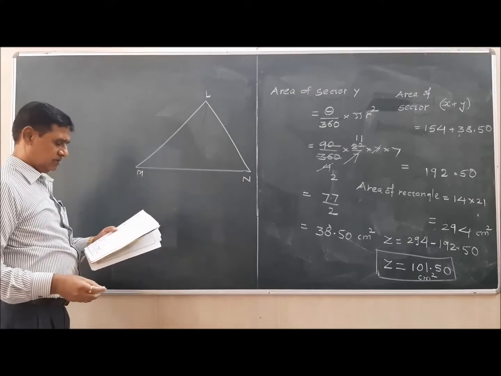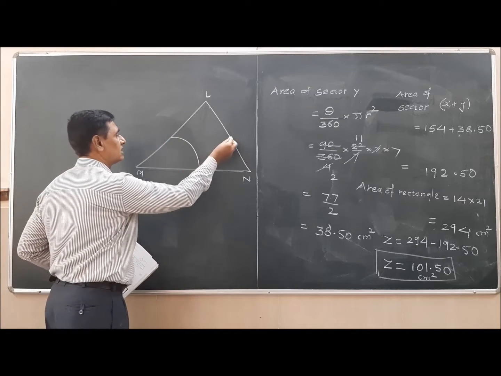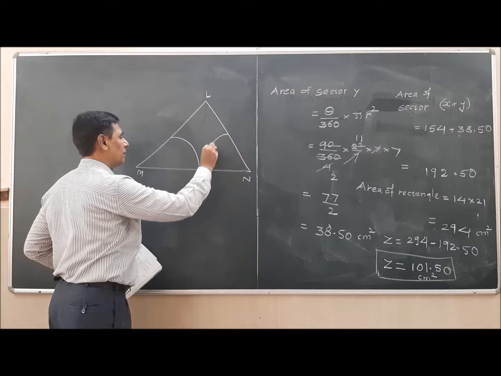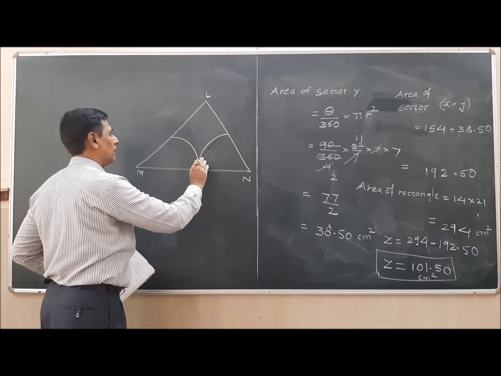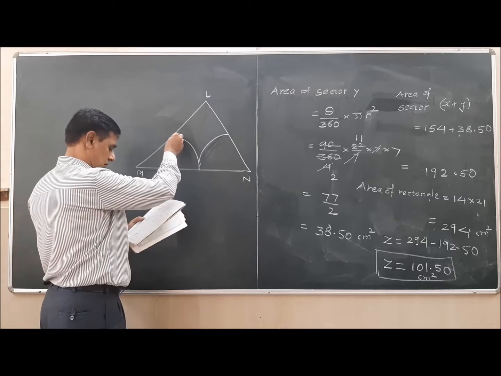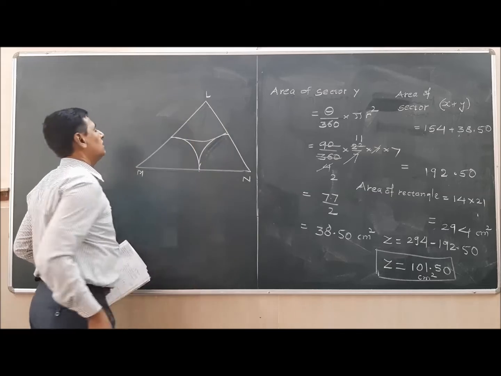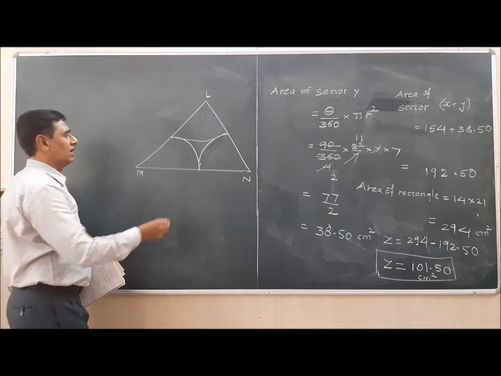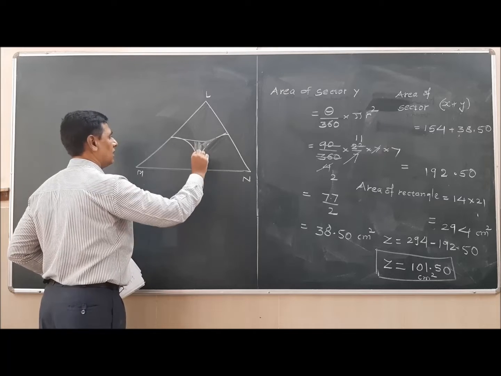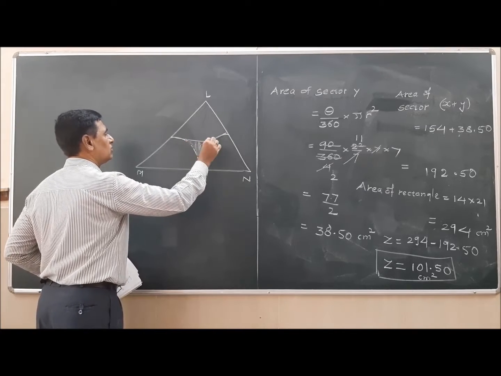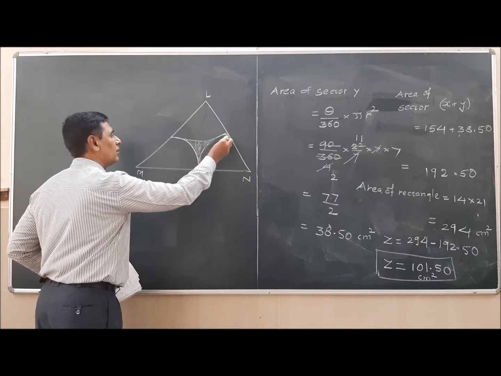Then you will find there are 3 equal sectors given over here. These 3 equal sectors are there. Very simple to understand why these 3 sectors are equal.